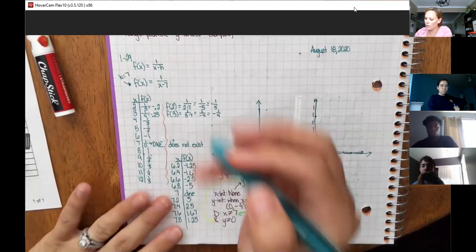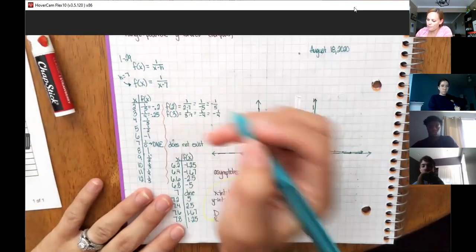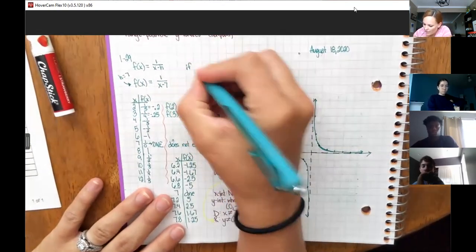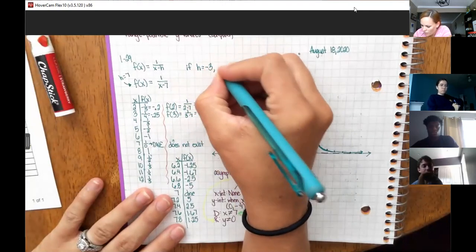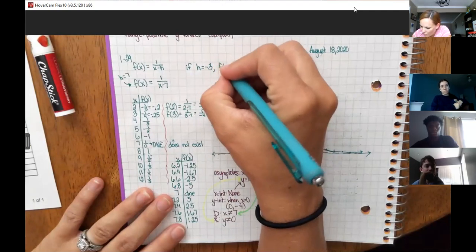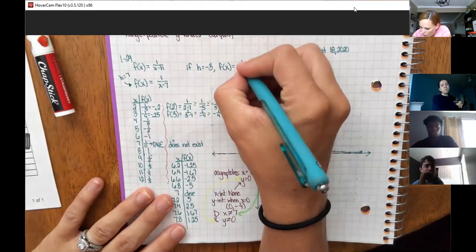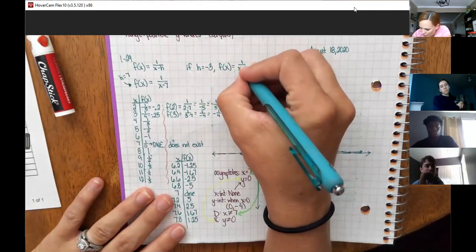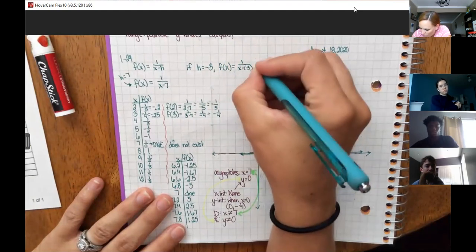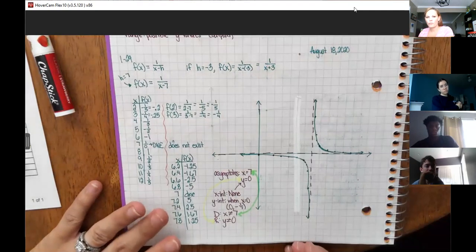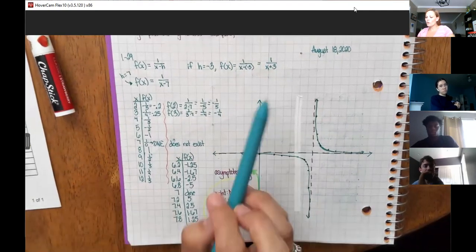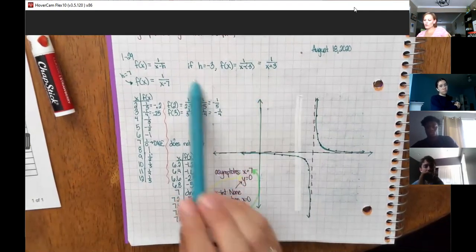So for example, if I did h equals -3, my equation would be f of x equals 1 over x minus -3, which we all know is the same as 1 over x plus 3. So what I want you to do is pick 1 or 2 other numbers.